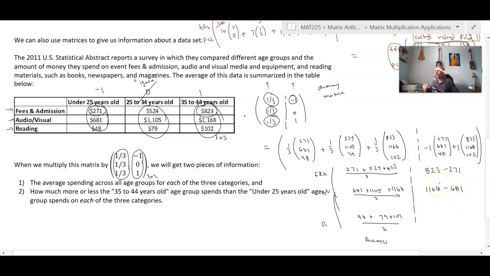They spend more than 25-year-olds. And same thing in the third category of reading. And this is the difference between 35 to 44 and under 25. And so that multiplication really just served a mechanical purpose to summarize our data for us.